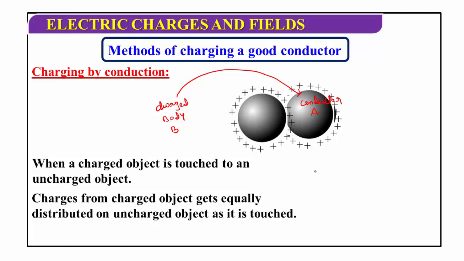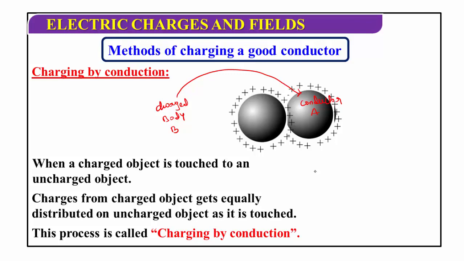Whatever charge the charged body has, the good conductor also gets the same charge. But in the last process, the two charged bodies were oppositely charged to the same magnitude: the magnitude of both was the same but opposite, one positive and the other negative. But in this process, the nature of the charge gained by the conductor is the same as that of the charging body. This process is called charging by conduction. Charging by conduction means the process of charging in which a good conductor is touched with a charged body.